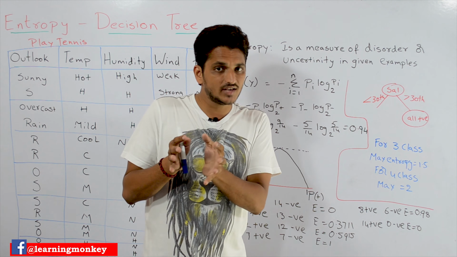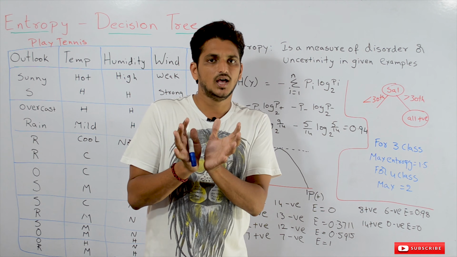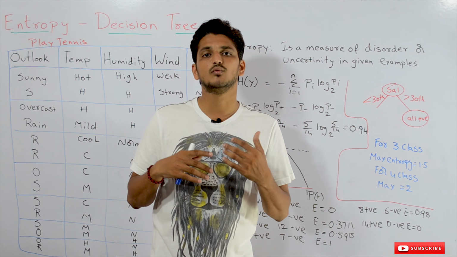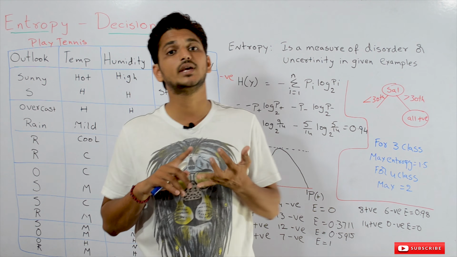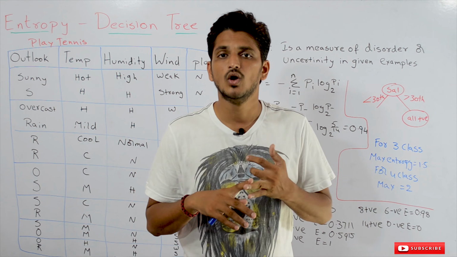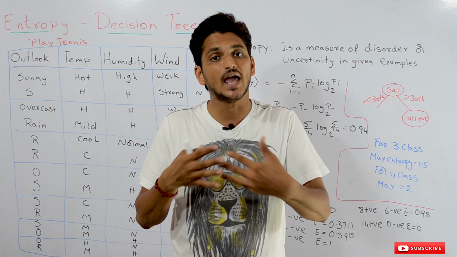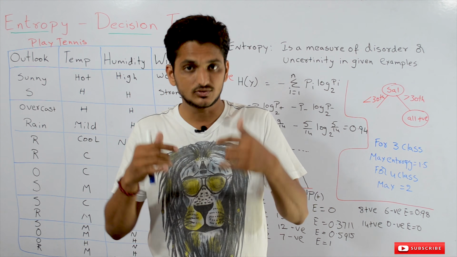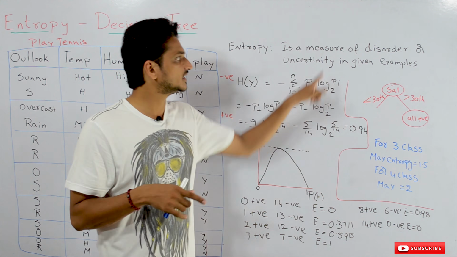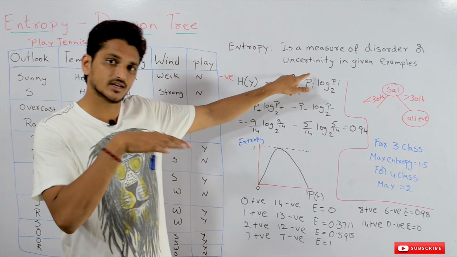First we have to understand the equation of entropy, how we calculate it, and how the entropy value changes with the change of our data examples. Then we will understand what uncertainty means here.